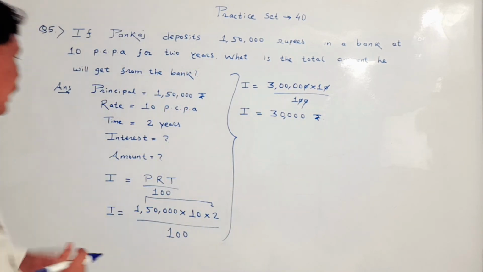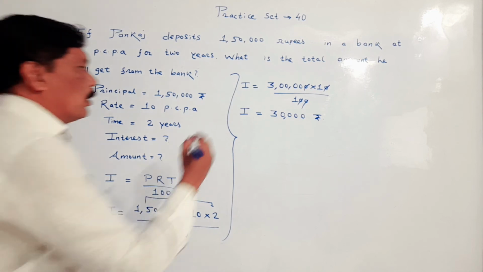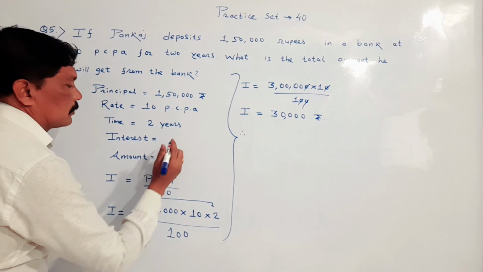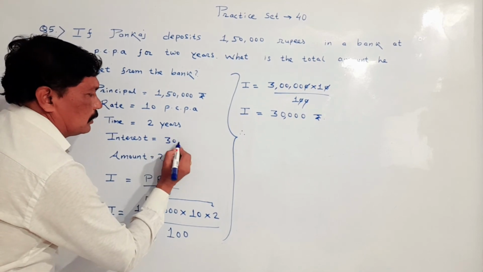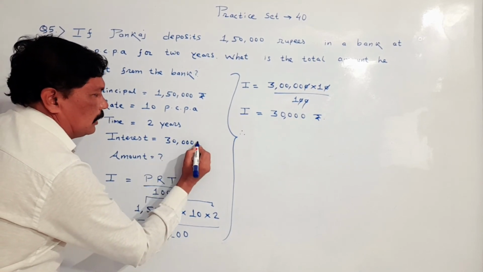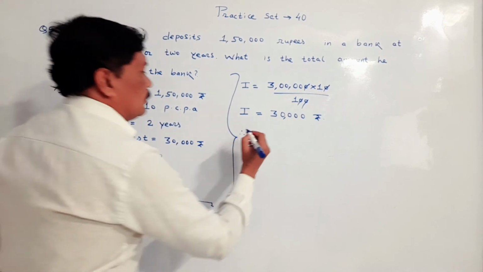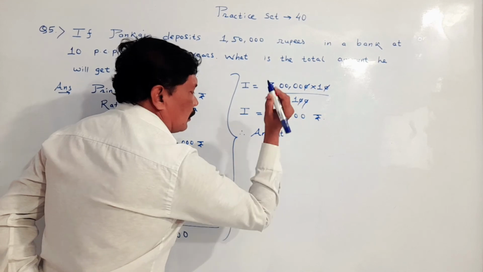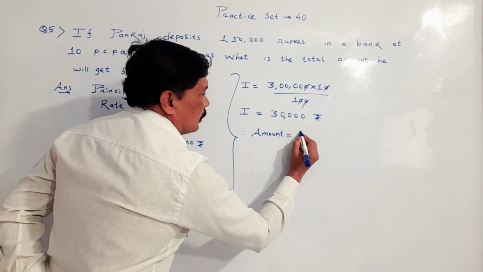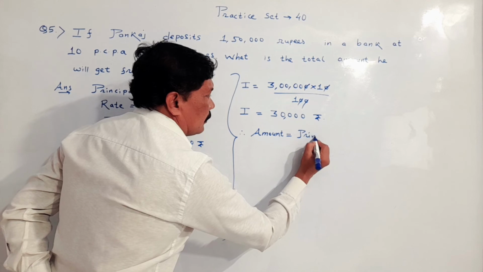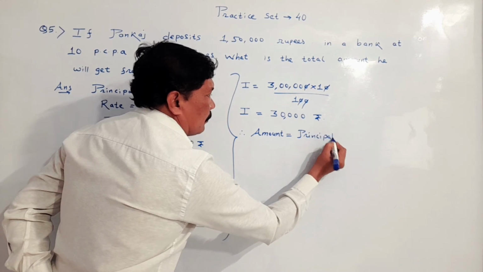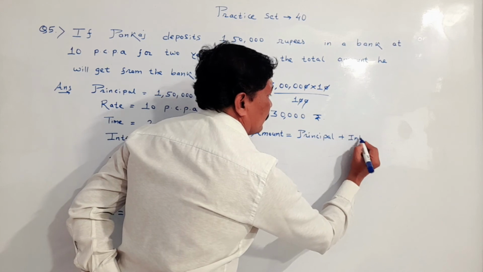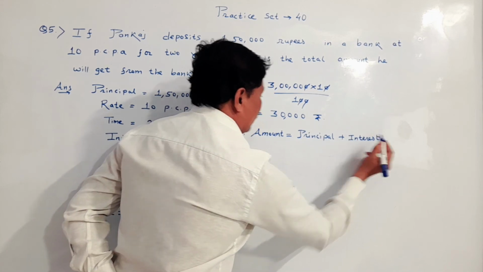But my dear student, here we have to find amount. Therefore, interest we have got is 30,000 rupees. Amount is equal to principal plus interest.